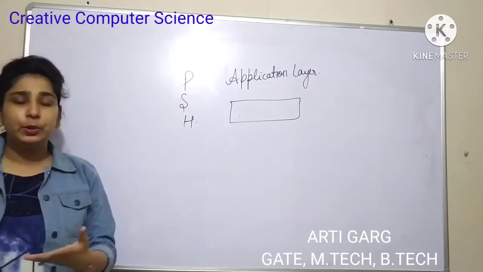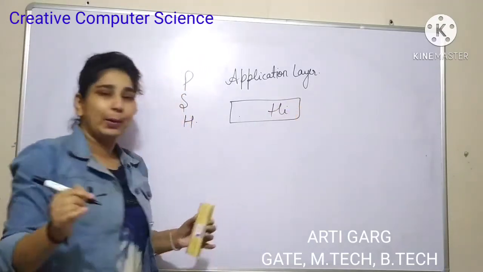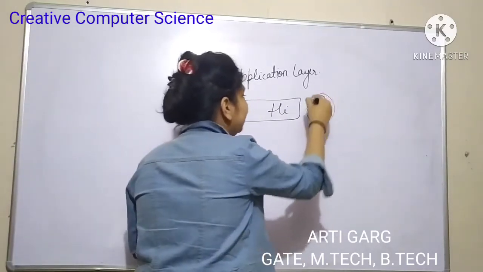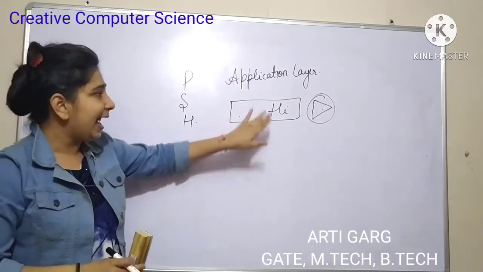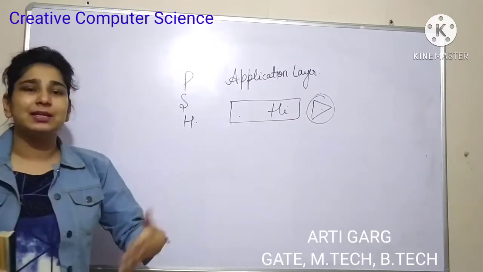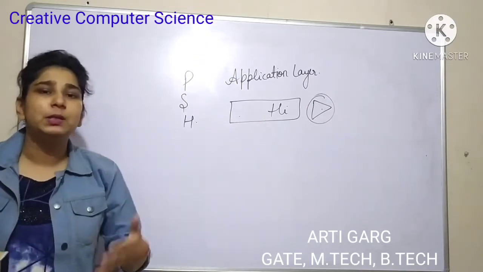What do we do in WhatsApp, even if we have to send hi? We have a push button, we write hi, and we just push the button, then our message is going to be put on the channel and it will go to the receiver.